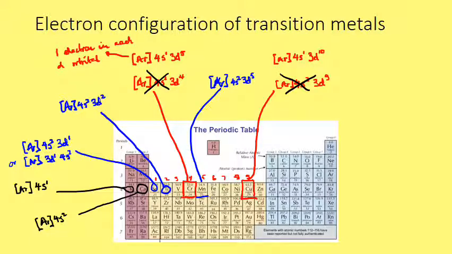So now you have a full set of 5 d orbitals, and that's more stable than having your s orbital full and being 1 short of filling your d orbitals. So copper prefers to have all its d orbitals full and leave 1 short in the 4s orbital. That's what it prefers, and that's what it does.